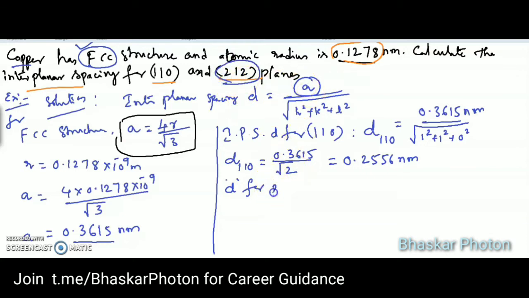Okay. Then again, the interplanar spacing D for which plane? 212 plane. For 212 plane, it will be D212, that is 0.3615 nanometers divided by root 2 square plus 1 square plus 2 square. Right.